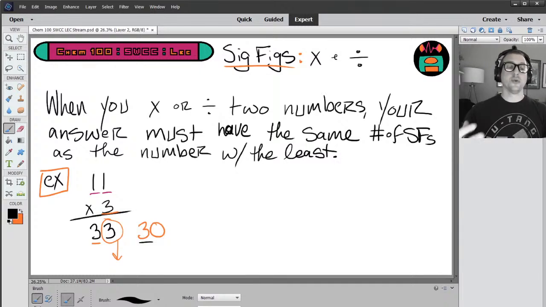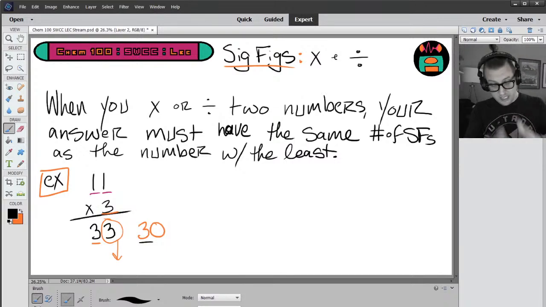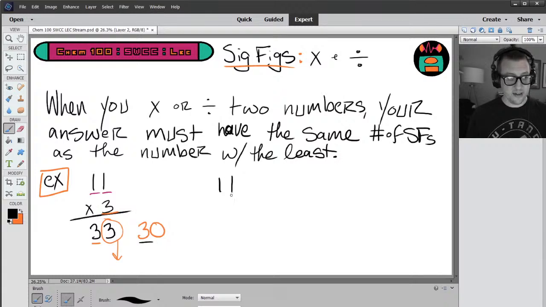Sig figs are a result of measurements. They're that last imprecise digit, that last imprecise decimal place. And so we have to incorporate them in our mathematical operations to reflect the precision of the instruments that took the measurements.